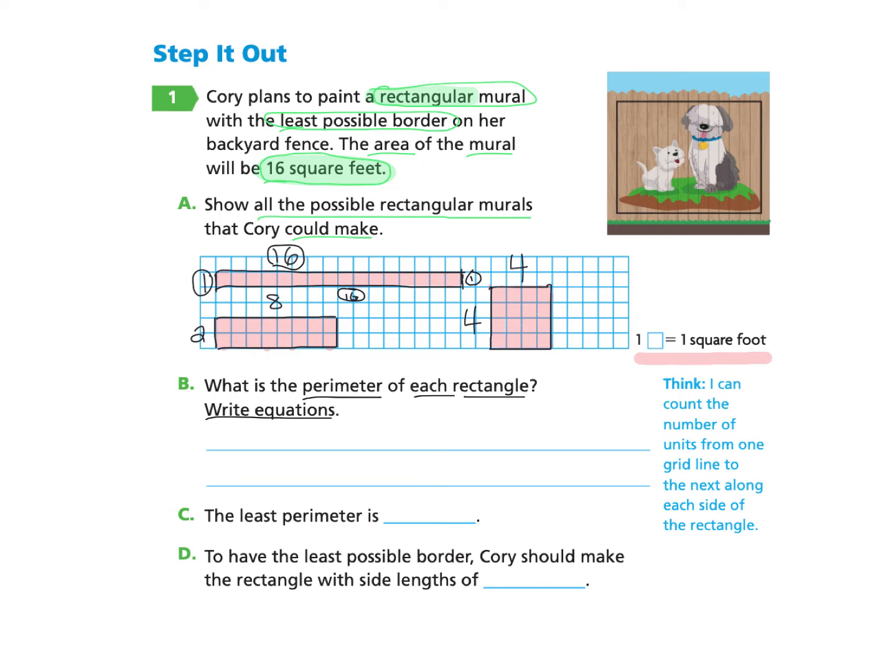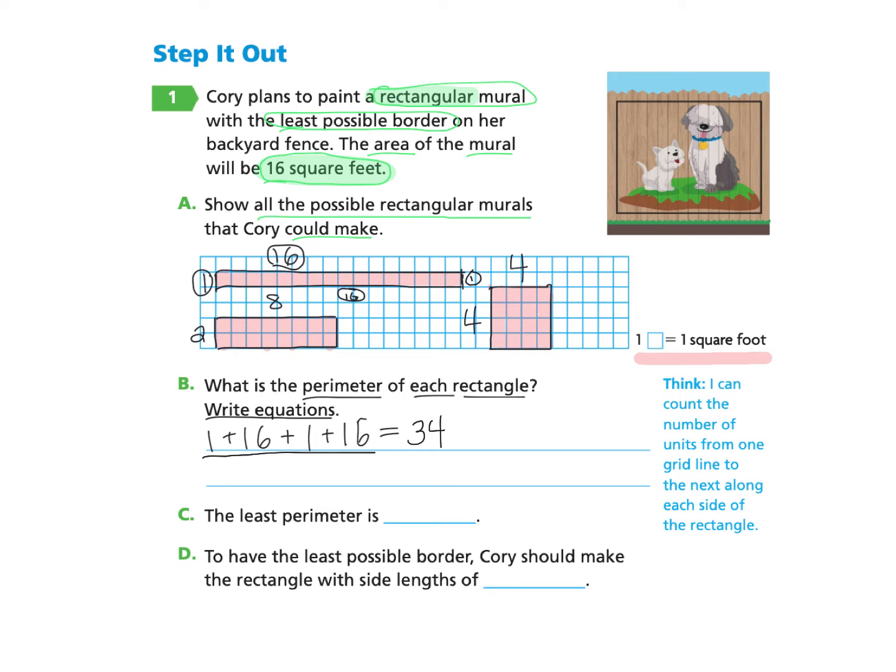So we can write 1 plus 16 plus 1 plus 16 to find the perimeter of our first rectangle. If you would like to pause and solve this addition equation, you may do so. And when you come back, you will find the answer will be 34.